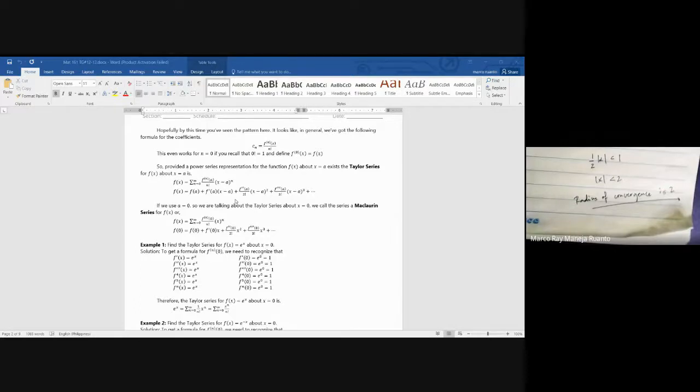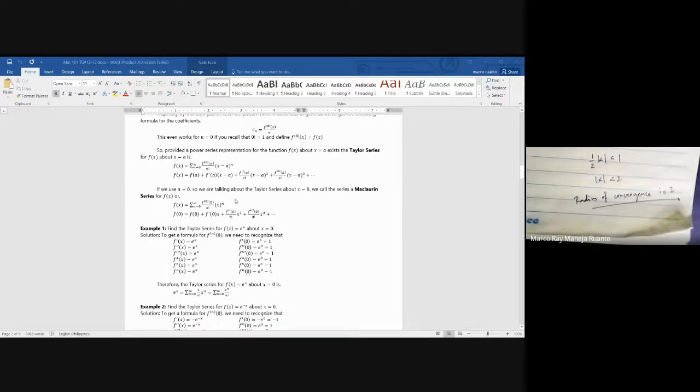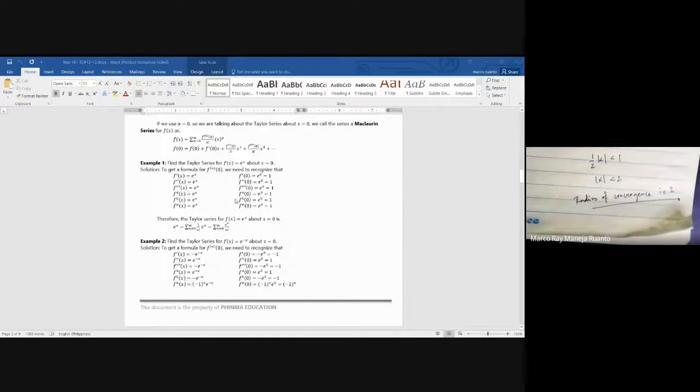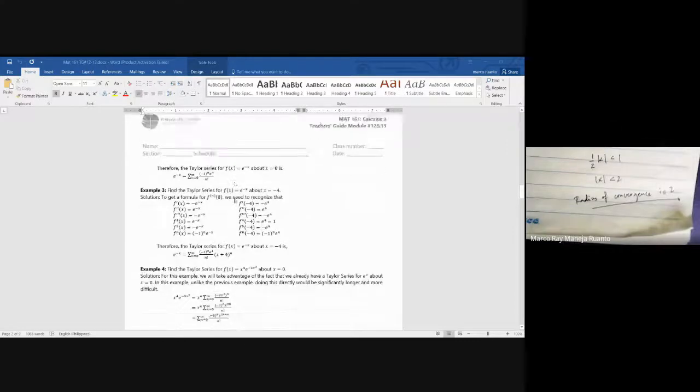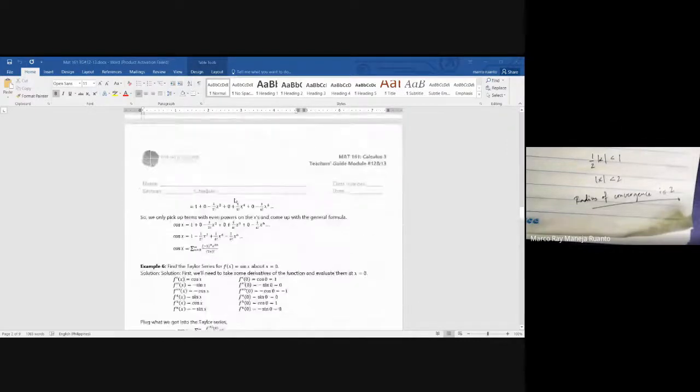So just simply follow that formula. Again, for a Maclaurin series, your A is 0, while for a Taylor series, you can have any values for A. Okay, let's go to the exercises.